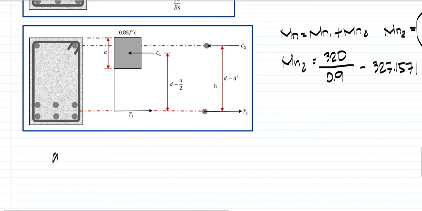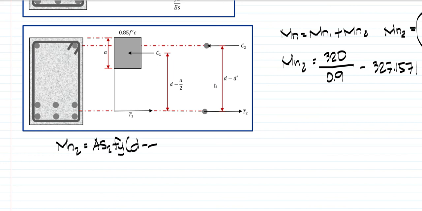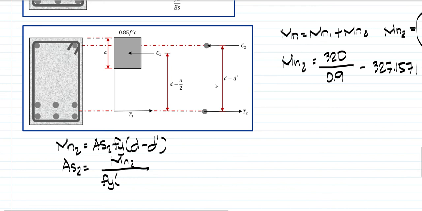Mn2 is equal to As2 Fy times (d minus d'). Rearranging, As2 is Mn2 over Fy times (d minus d').